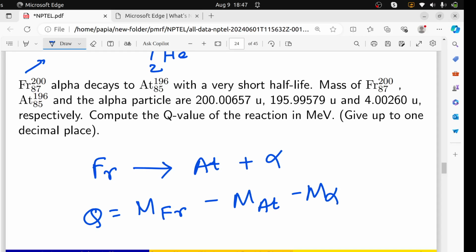Now you can see the masses of francium, astatine and alpha are given in U units, that means atomic mass units. We need to convert that into MeV, because they are asking for the Q value in MeV. So 1 U is 931.5 MeV. That was already discussed in, I think, week 1 or week 0, that the conversion between one atomic mass unit and MeV is 1 U equals 931.5 MeV.